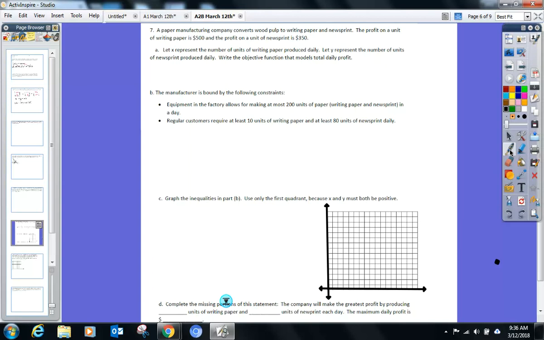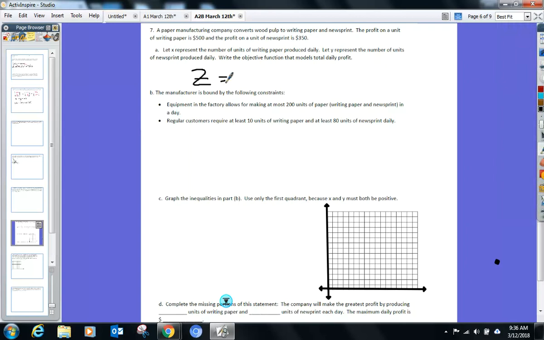Can you let x equal writing paper and let y equal newsprint? Can you write an objective function for me? You guys are going to have to do this on your own tomorrow. It's the last problem. Again, this deals with the cost, and tomorrow it'll be pretty much right out there with the cost on the problem.